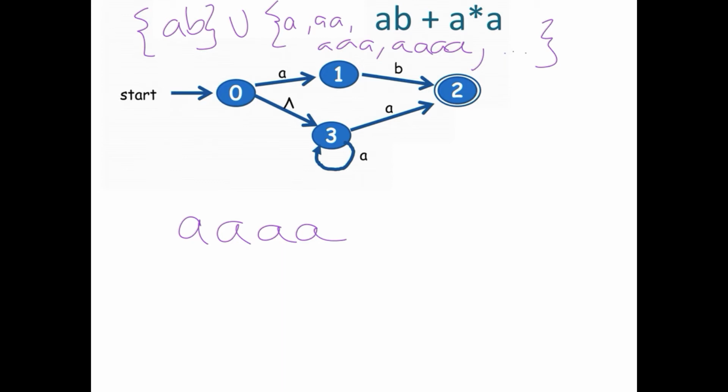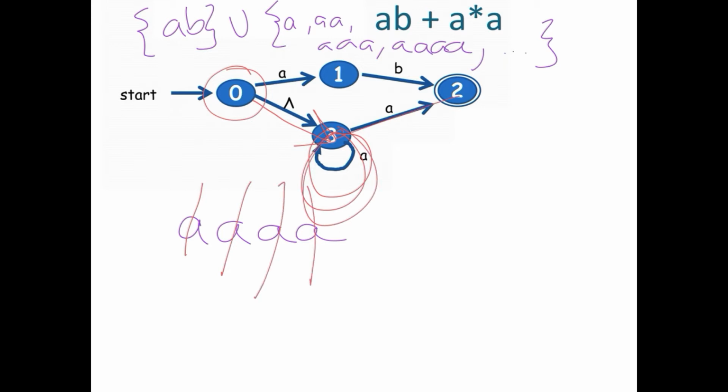If we follow this NFA as follows, we start at the start, and then before we do anything, I decide to take a free jump. I take that lambda, and then I'll process the first A by going around. I'll process the second A by going around, the third A by going around, and the last A by going along that transition there.